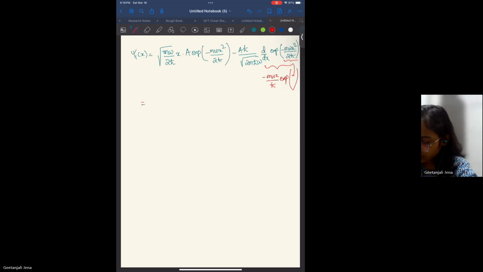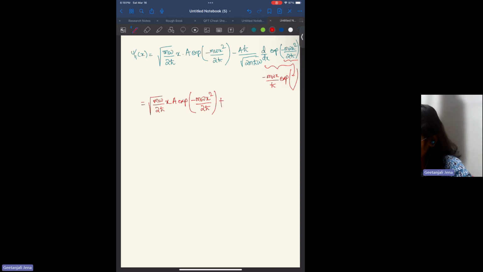So that means this is root over of m omega by 2h cut x A exponential minus m omega x square by 2h cut, and so this will be plus m omega x exponential minus m omega x square by 2h cut, right?